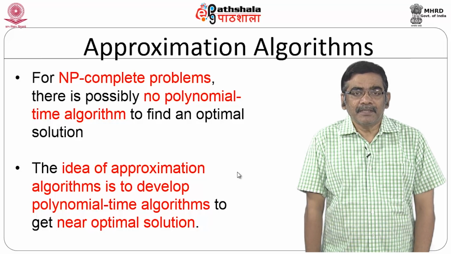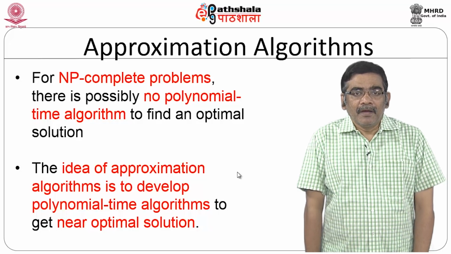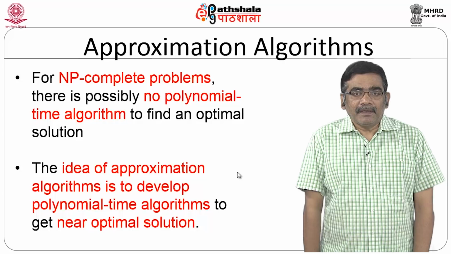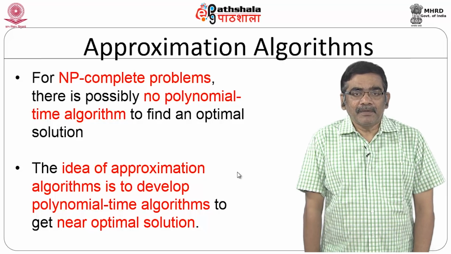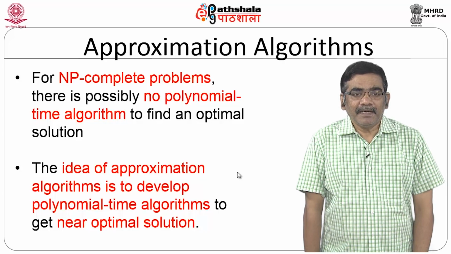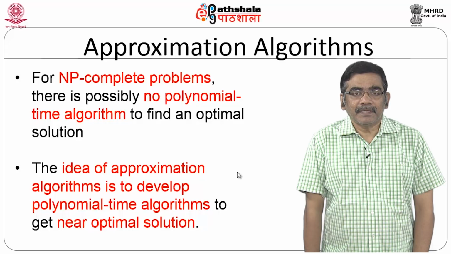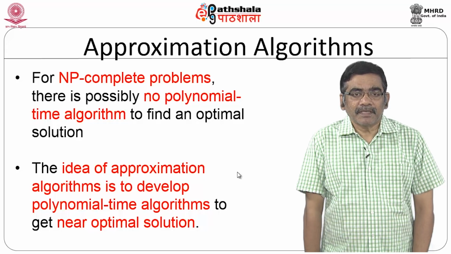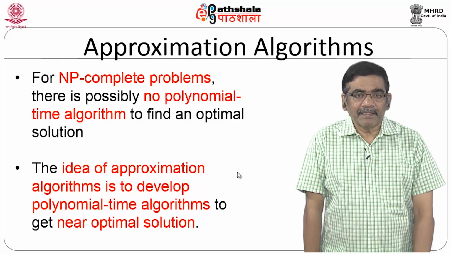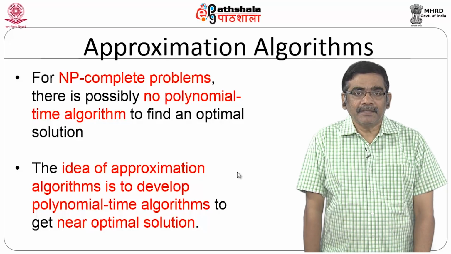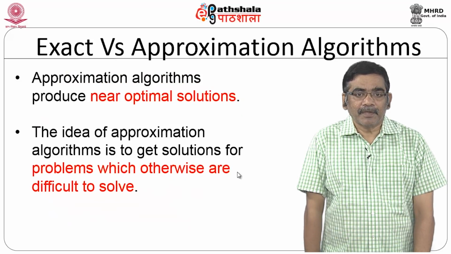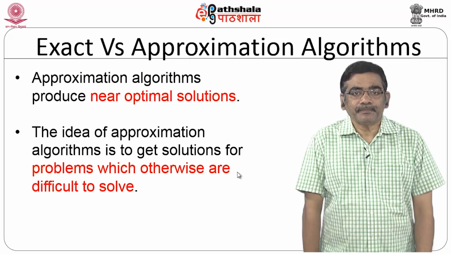These solutions are called optimal solutions. An approximation algorithm will not guarantee the optimal solution, but it will provide a near optimal solution which in most circumstances is more than sufficient. That is the reason why we are going for approximation algorithms.